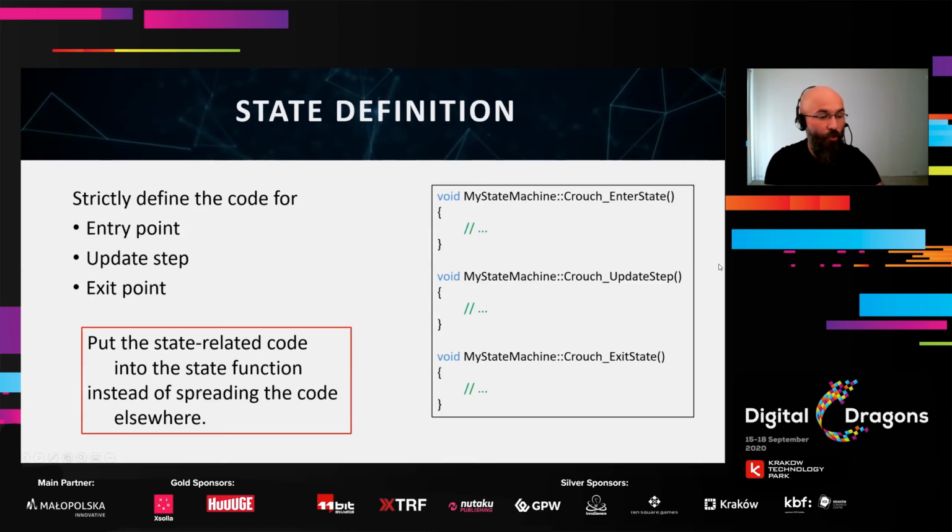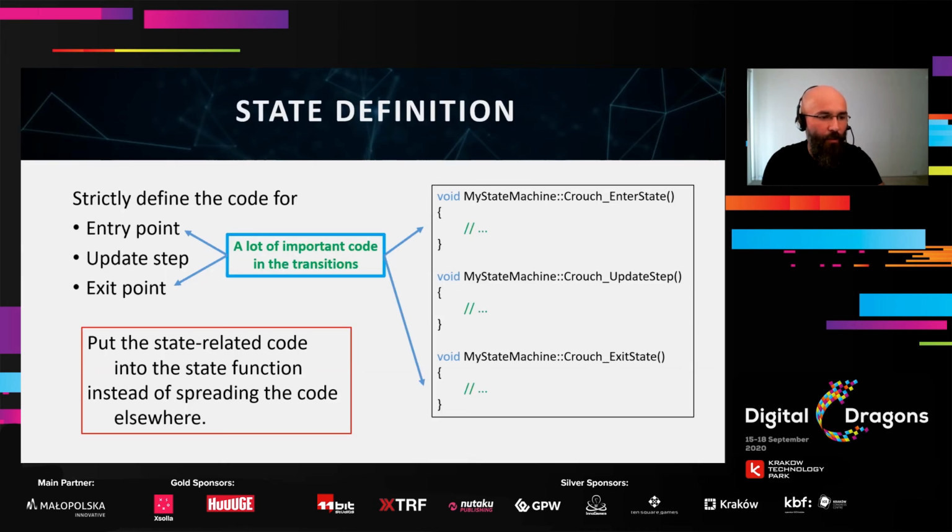And this is very important: we should put the state related code into the state function instead of spreading that code somewhere else. Whatever is crouch related in your game, as much as possible, should be placed in the crouch state, not somewhere else in your game, so that all the functionality for the crouch is encapsulated in my state, in the human state machine.